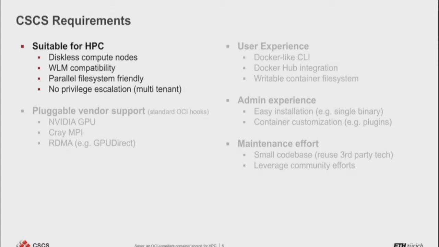It has to be parallel file system friendly, so as not to degrade the performance of a parallel file system. And of course, be adequate for a multi-tenant system. Here there is no privilege escalation, but it's also important to respect the user identities and file permissions when you're accessing shared resources.